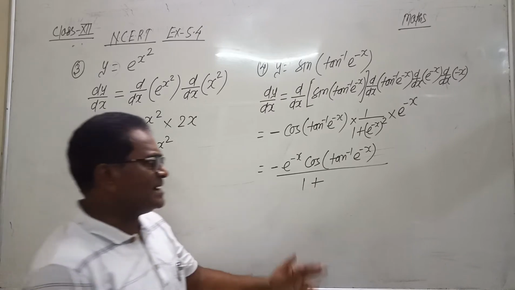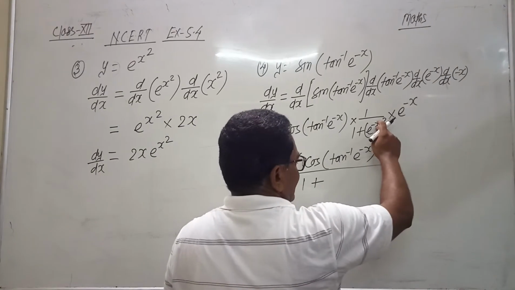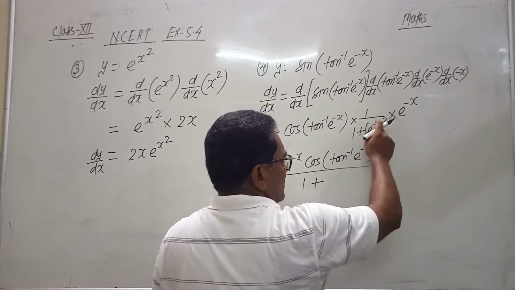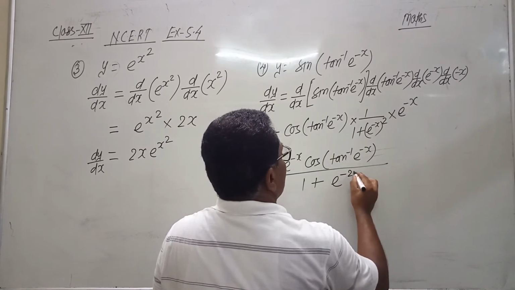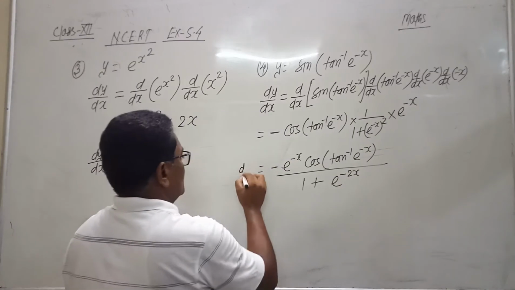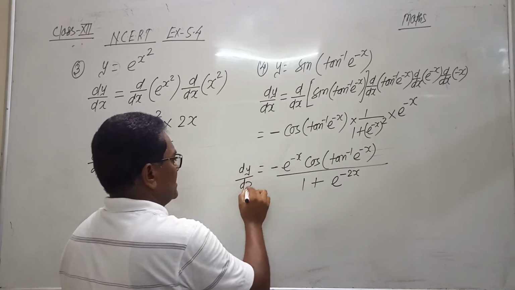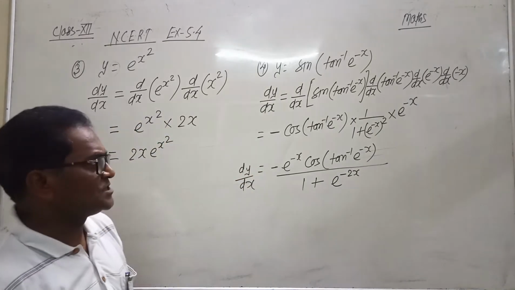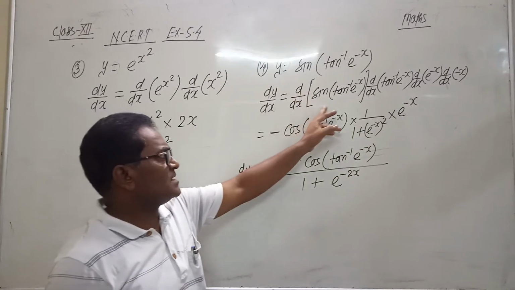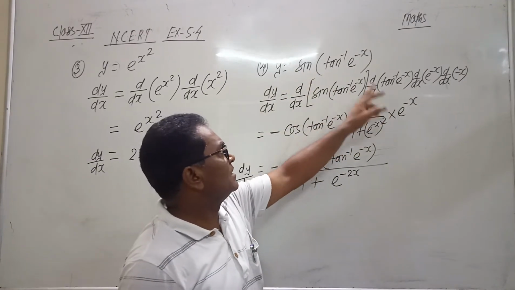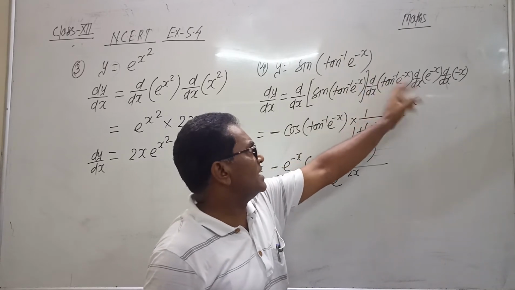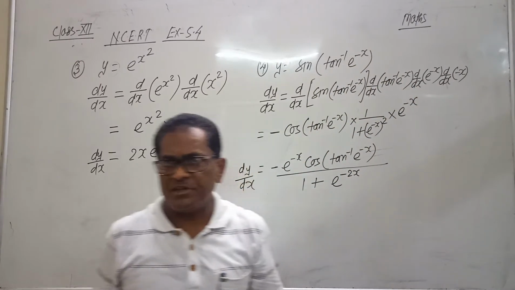So the power gets multiplied, minus x square, power gets multiplied, so it gives e raised to the power minus 2x. So this is the result dy by dx. Firstly we differentiated the whole term, then we dropped sine, then we dropped tan inverse, and then we dropped e.